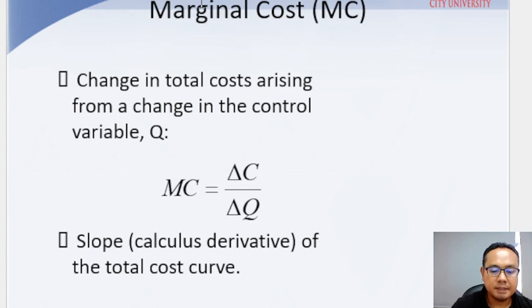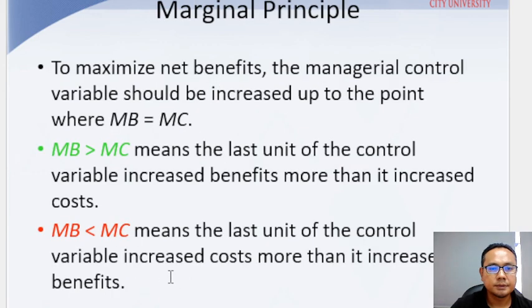And then marginal cost is the change in total cost arising from a change in the control variable. So very straightforward as well. Marginal cost equals the change in cost divided by the change in the quantity you produce, the slope or calculus derivative of the total cost curve.